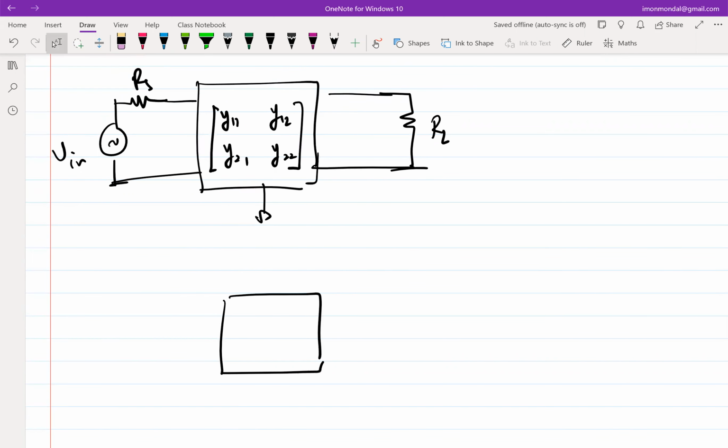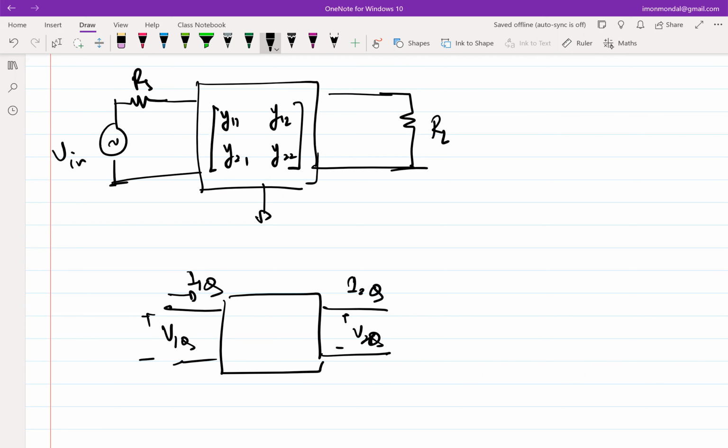So these nonlinear networks are a function of some quiescent voltages, V1Q, V2Q, I1Q, I2Q, and this is some V1, V2.